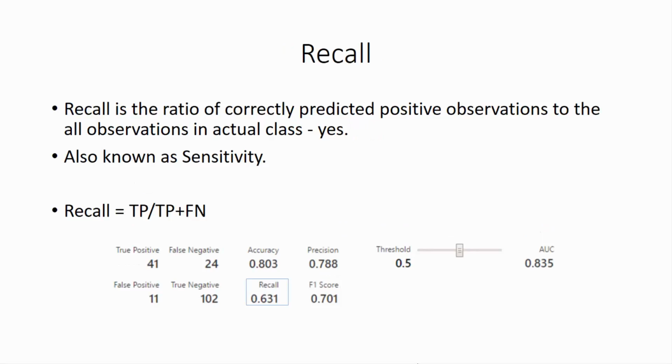Next is recall. Recall is the ratio of correctly predicted positive observations to all observations in actual class, yes. The question that this metric answers is, of all the passengers that truly survived, how many did we label? We have got a recall of 0.631.